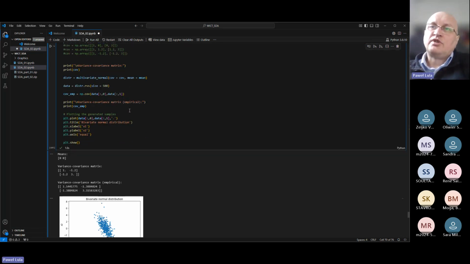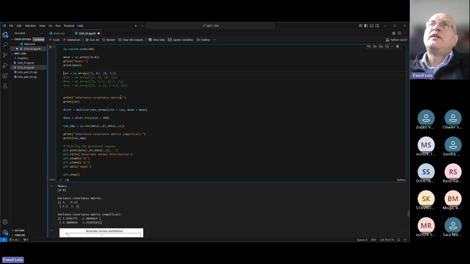Multidimensional normal distribution is a distribution which is defined by two parameters. Of course, it is similar to the one-dimensional normal distribution which we presented earlier, because in our earlier examples I used one variable.